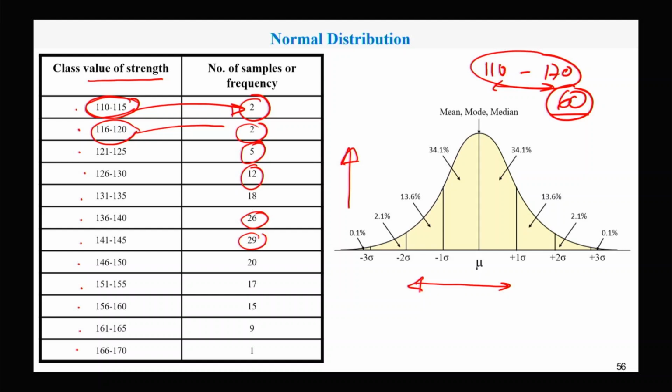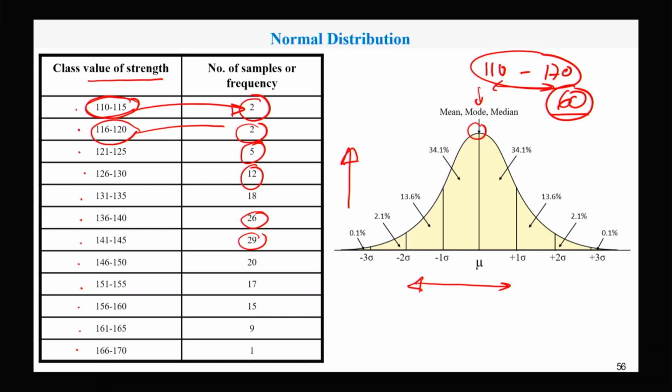And when we plot this, we get this type of curve where at the center the frequency is maximum, and this bell shaped curve is distributed evenly in both the sides of this central point.